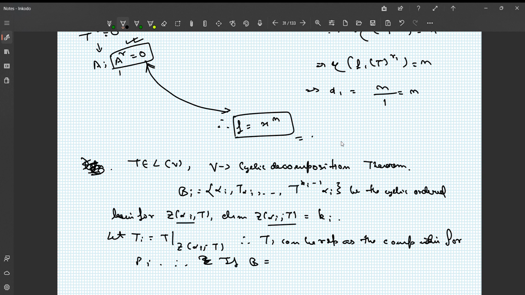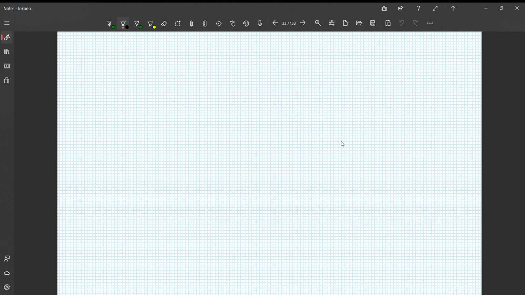Each of these subspaces is also T invariant, so we can use the concept of an invariant direct sum. So if B is considered to be the sequence of the basis elements, B1 till Br, then what should be the matrix of T with respect to B?